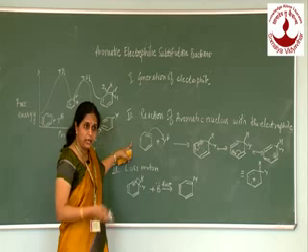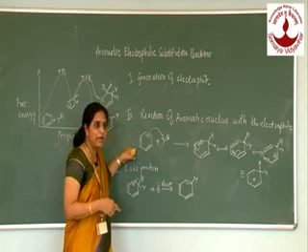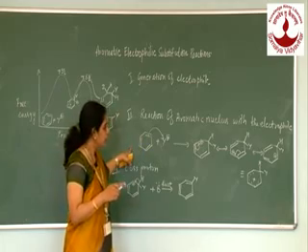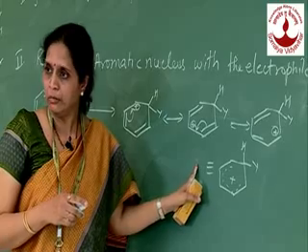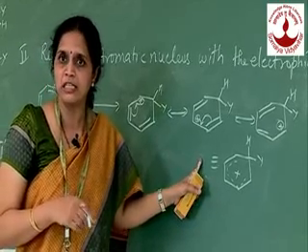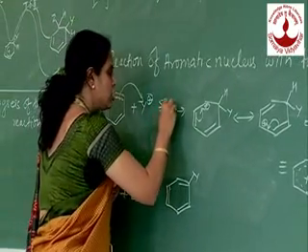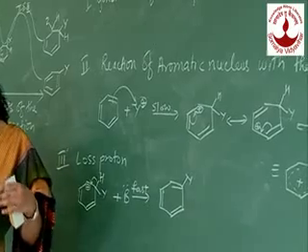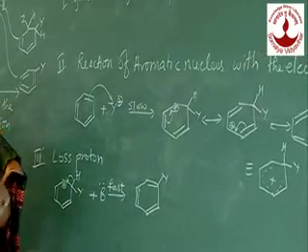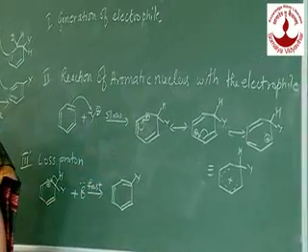Whereas in the earlier step, from a stable aromatic benzene ring, we are getting the formation of an arenium carbocation, which is a charged species, and therefore this is a slow reaction and it is also an energy consuming reaction. And this is the rate determining step in this reaction.